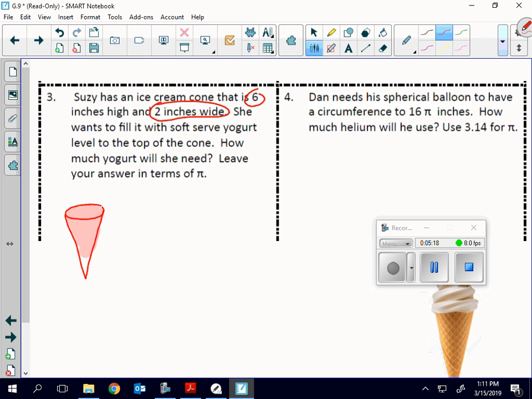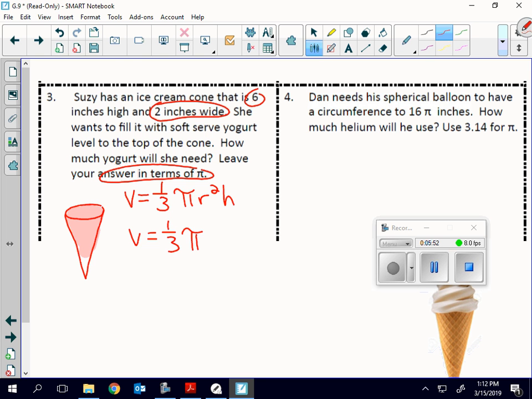So what do we have? The volume of a cone is almost the same as a cylinder, it's just 1/3. It's 1/3 that of a cylinder. 1/3 pi r squared h. This time it wants the answer in terms of pi, so we're going to keep the pi in there. 2 inches wide, 6 inches high.